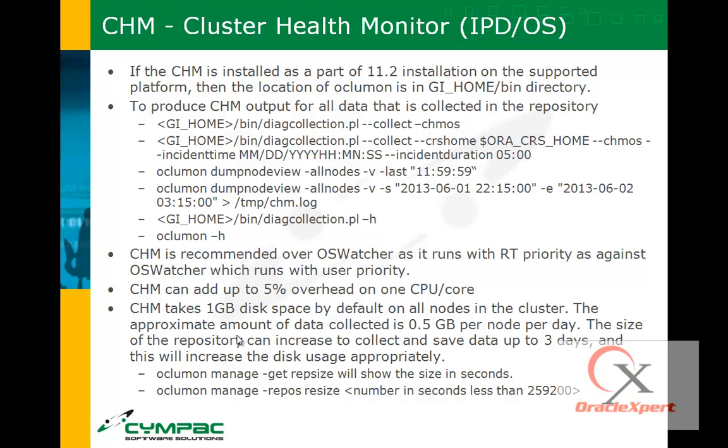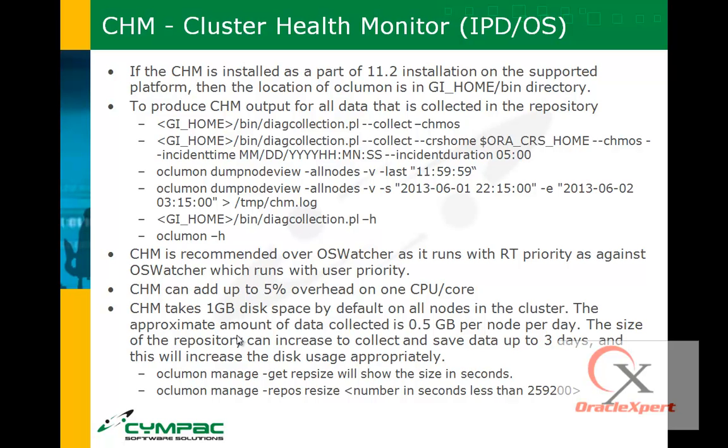So the daily statistics it generates will be about 500 MB. Now if I say go through the 500 MB or 1 GB of data and produce me a more meaningful report, diagcollection.pl --collect --chmos, no restrictions, means whatever data is available in your Berkeley database, go through, analyze and produce me more meaningful information.